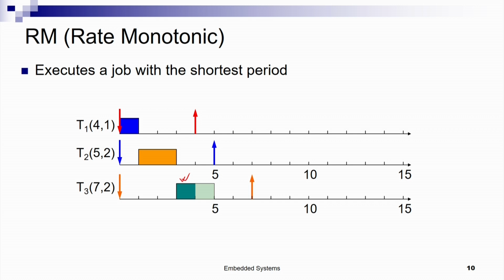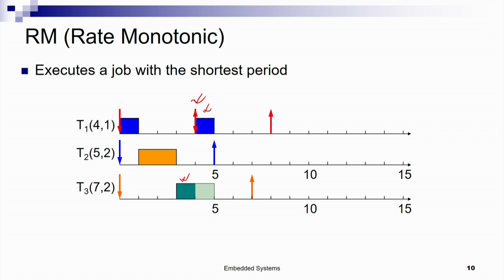And then the second job of T1 arrives. Whenever the second job of T1 arrives, we know that T1, having a lower period, has higher priority, and hence it preempts the execution of T3. So, T3 is sent from the processor to the ready queue and T1 is brought onto the processor for execution at this time.